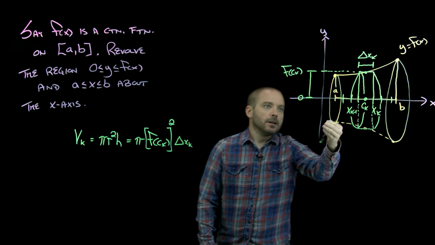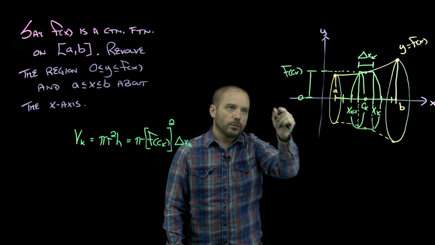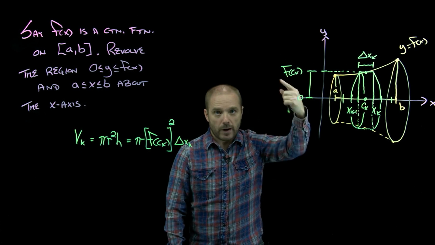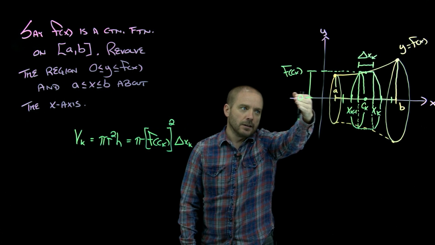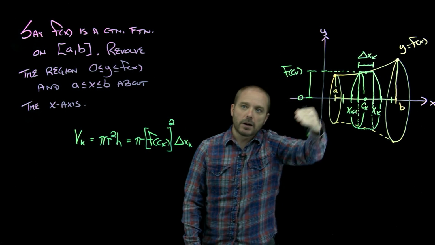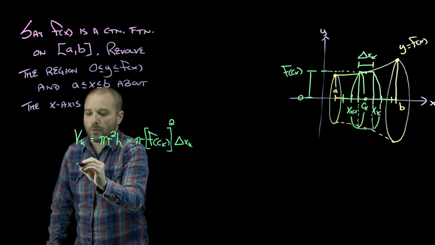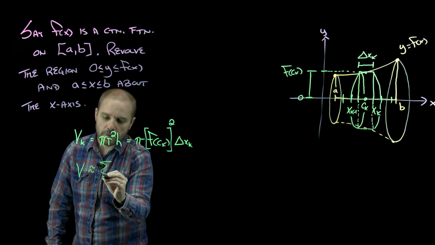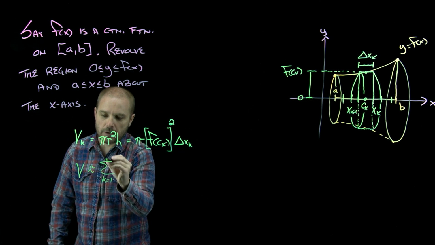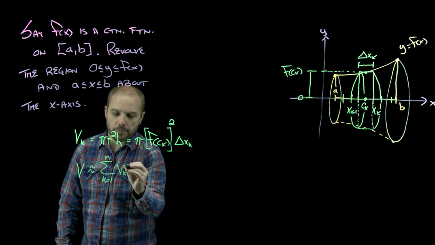Now, we would have n of these cylinders, right? Each one of these subintervals would create a rectangle. That rectangle would revolve, creating a different cylinder. So we'd have a stack of cylinders that would be approximating that volume. And so the volume we're after would be approximately the sum, k from 1 to n, of all these v sub k's.